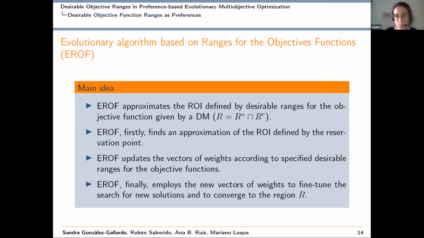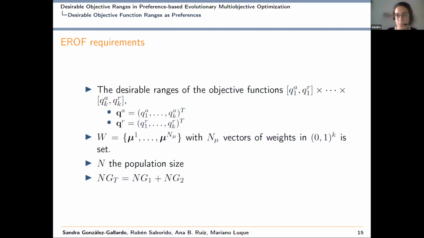To be more specific, the requirements of the algorithm are the following. EROF requires the desirable ranges for the objective functions given by two points, the aspiration point and the reservation point. Also, EROF requires a set of weight vectors, the population size, and finally, the number of total generations.